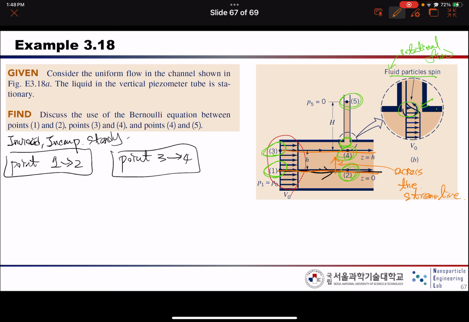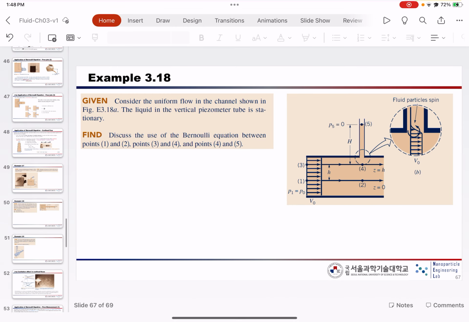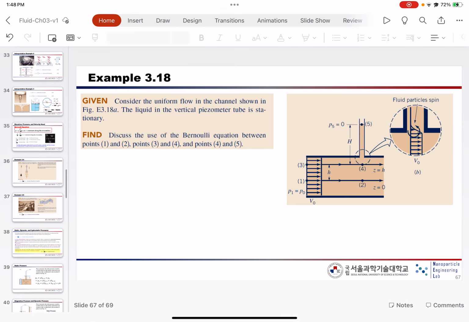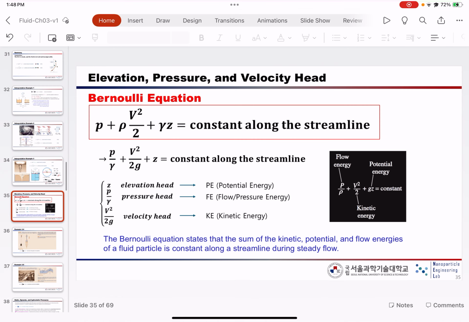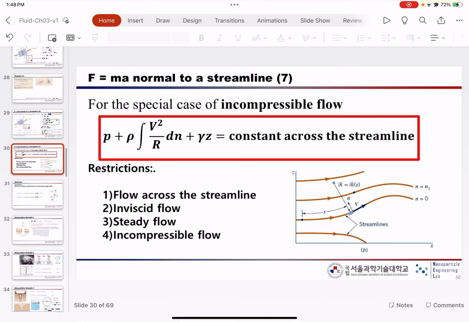So if you recall the previous lecture, this concept, okay, this is the across-the-streamline concept, the quantity constant across the streamline, right?